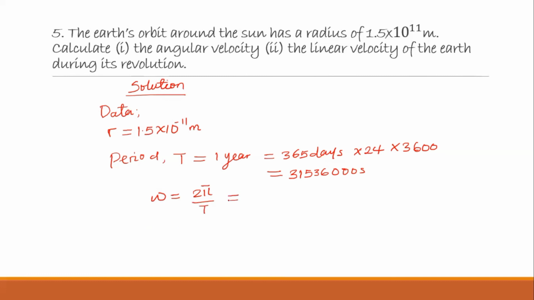So that will be equal to 2 multiplied by pi, approximately taken to be 3.142, all over the period, which is 31,536,000. So if I say 2 by 3.142, I have 6.284 all over 31,536,000.